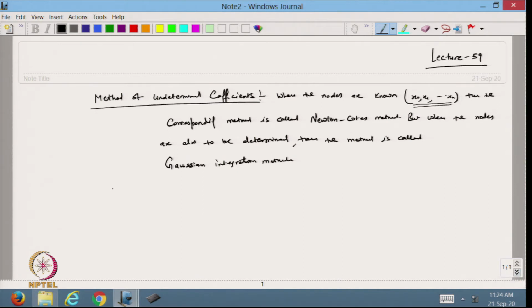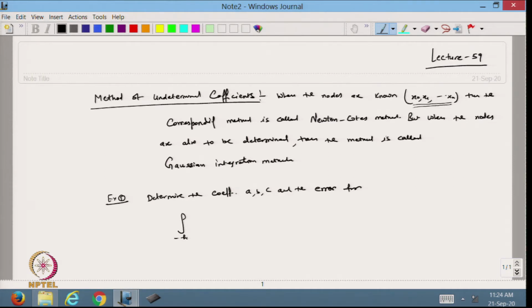So, let us do one example of how we can deal with the method of undetermined coefficients. Example 1: determine the coefficients A, B, C and the error for the formula given.